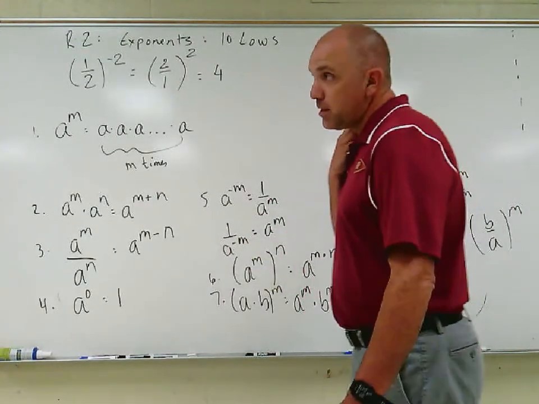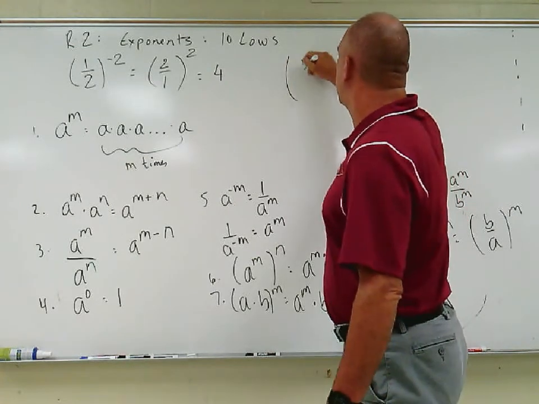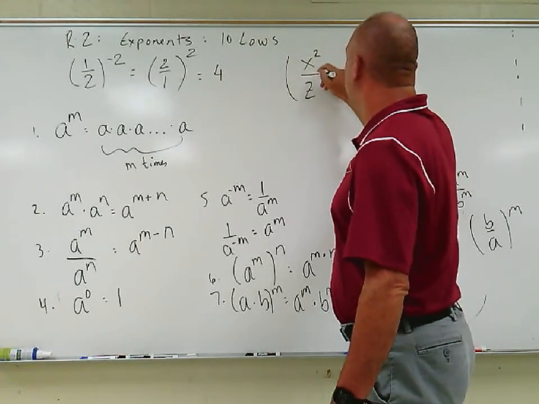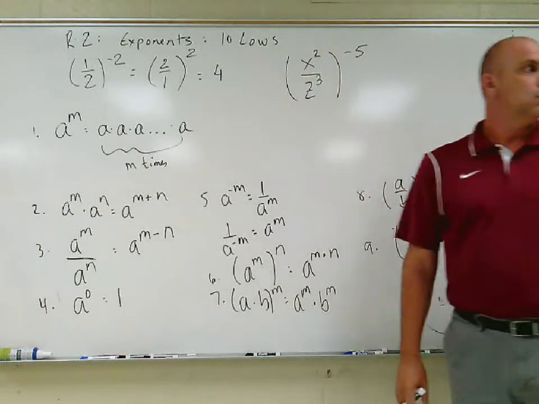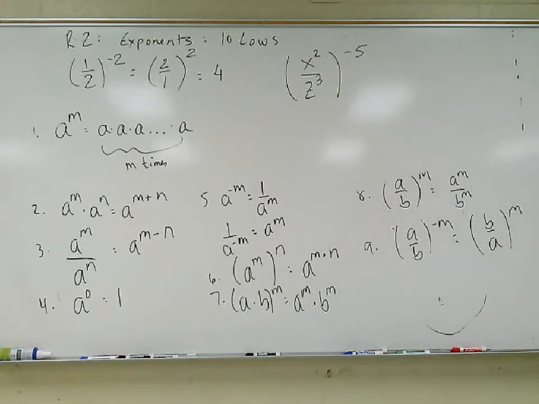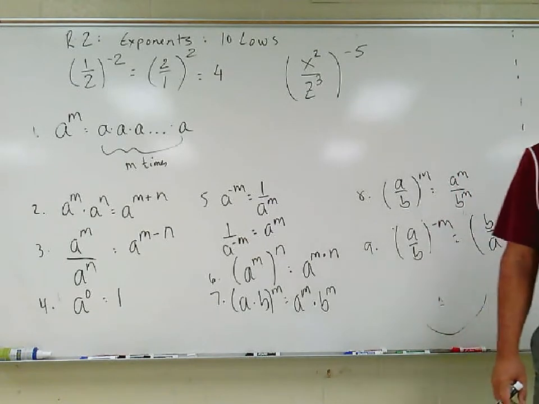So, for instance, here's how you might see it with variables. You might have x squared over z cubed raised to the -5. Well, you could distribute the -5, but now you're going to have all negative exponents. So I like to get rid of my negative exponent. It'll even tell you when you go to MyMathLab and type it in, it'll say no negative exponents. So might as well get rid of it right from the start.